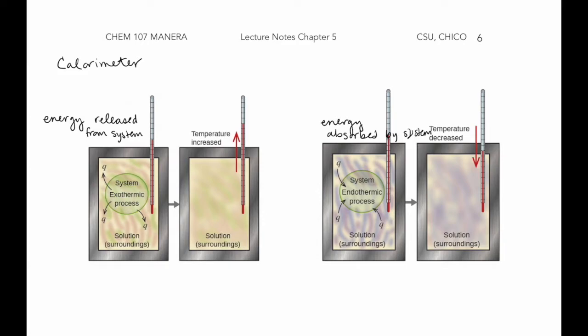So maybe we have a couple of reactants that react and give off energy. That energy that's given off is going to go into the surroundings, and usually that's going to be water. So we have some reaction taking place in water around it.